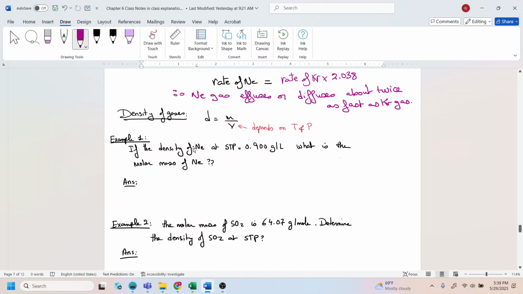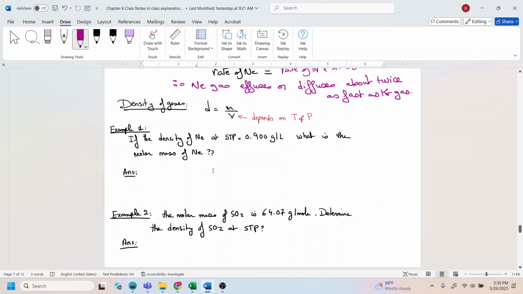So if the density of neon at STP is given, remember, standard temperature and pressure means 1 atmosphere of pressure and a temperature of 0 degrees Celsius. I'm given the density of neon to be 0.900 grams per liter. What is the molar mass of neon? The first thing I would do is determine my units.